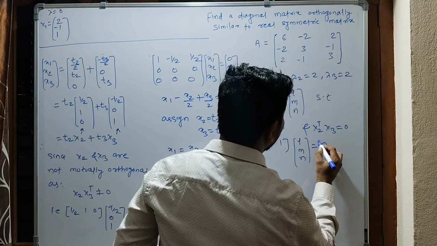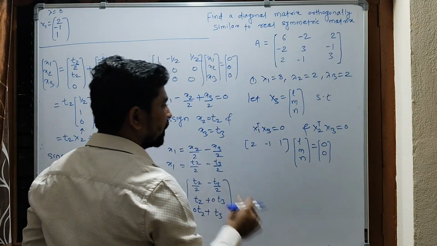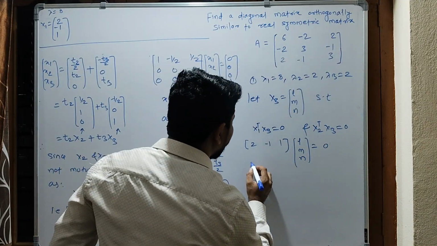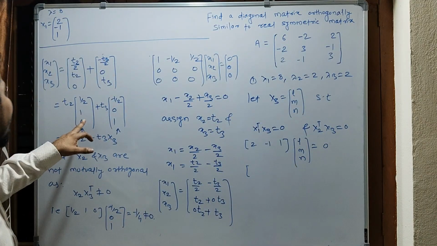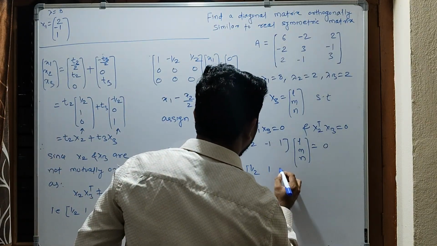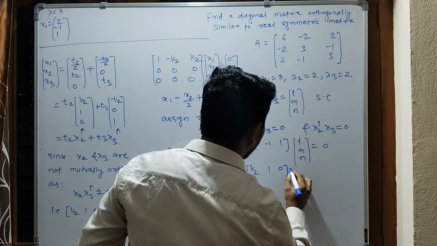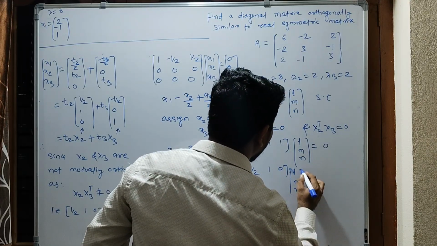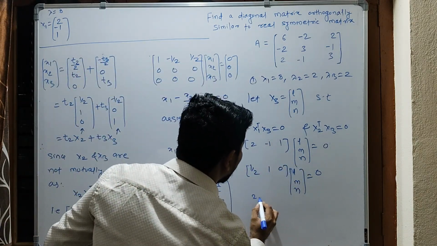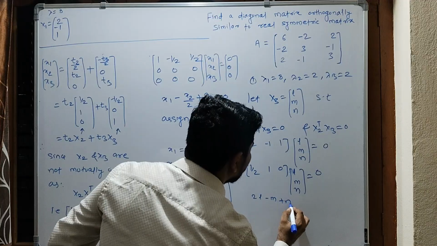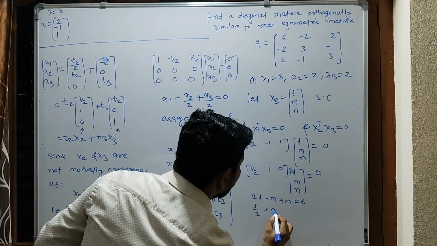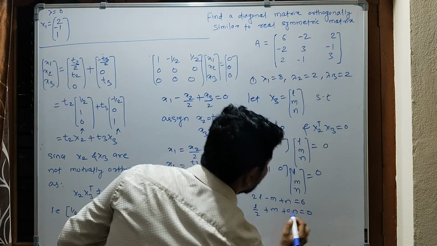After that you can write it in matrix form. x2 transpose is 1 by 2, 1, 0, times l, m, n, which is equal to 0. Now you can solve this: 2l minus m plus n equals 0, and from here l by 2 plus m plus 0 times n equals 0.